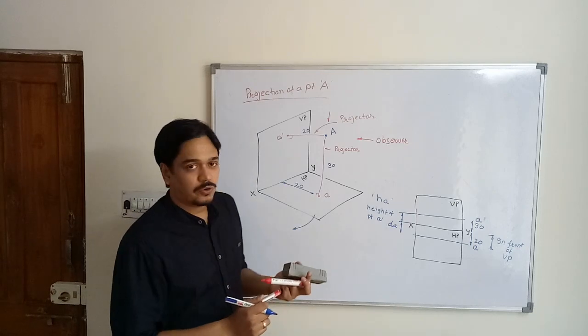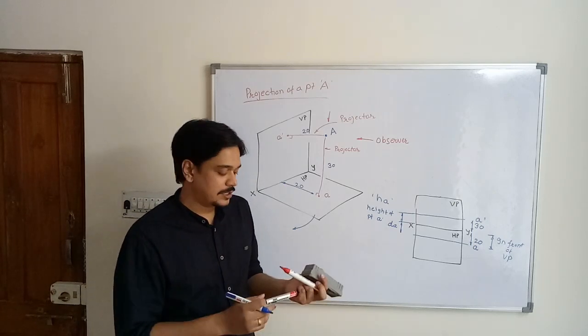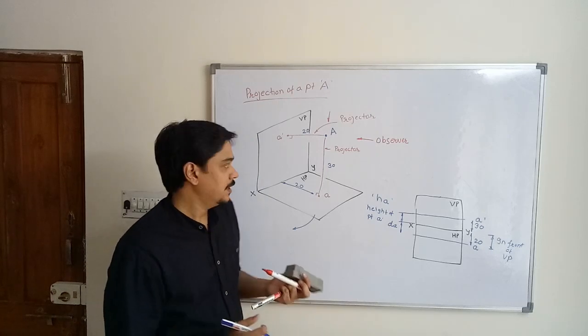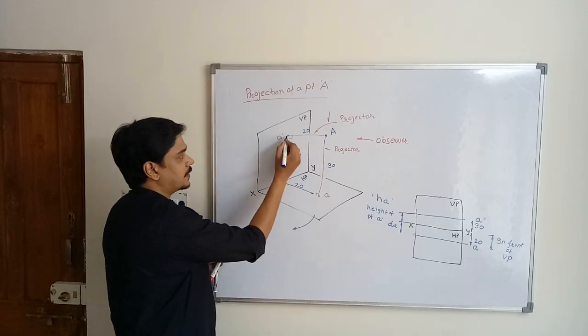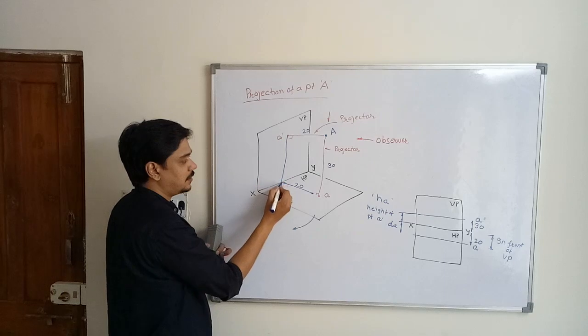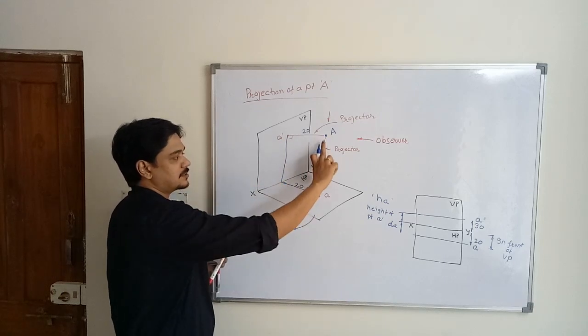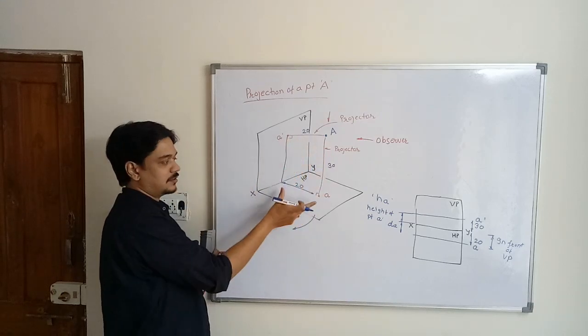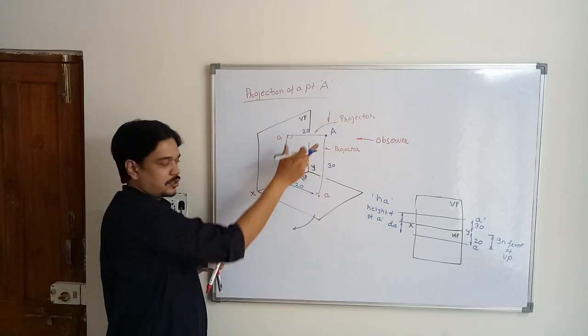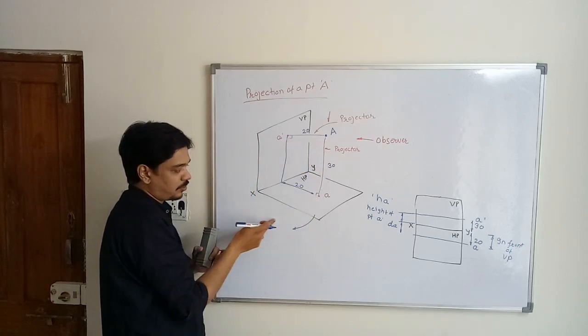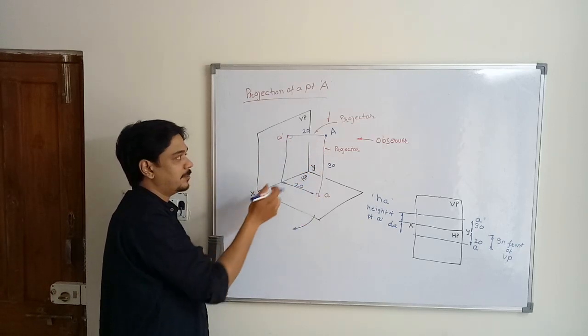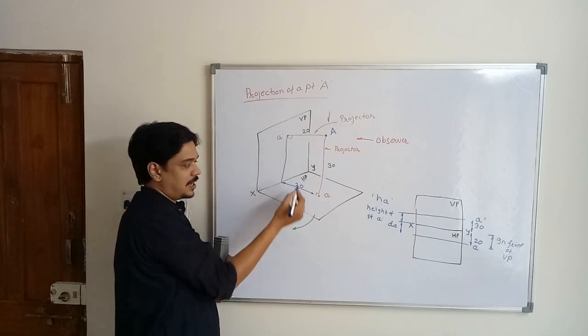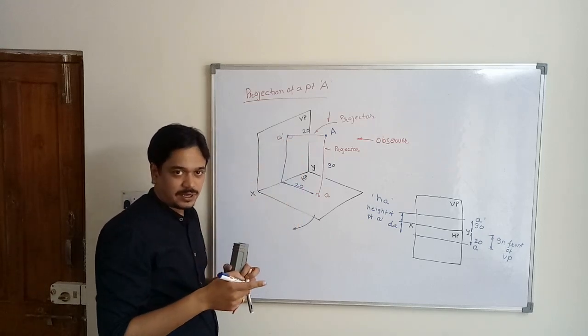Okay. Now we have to locate the actual location of A dash and A. As you can observe over here, A dash here and A here. This is parallel to this line, and this is parallel to this line. So if you rotate this point here, ultimately you will get A dash and A on a straight vertical line.